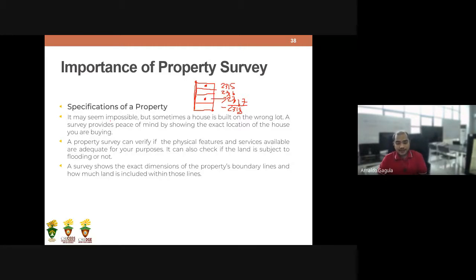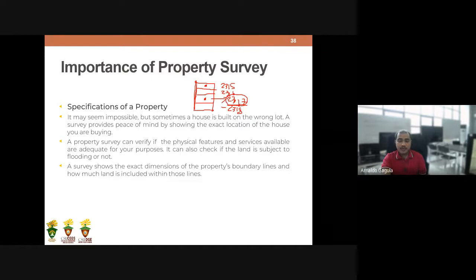So, a property survey can verify if the physical features and services available are adequate for your purposes. Ma-check na karon ni ma-check na ni property surveyor or ni geodetic engineer. Siyempre, i-plot na niya kay ako nang i-relocate ang lot 2317.